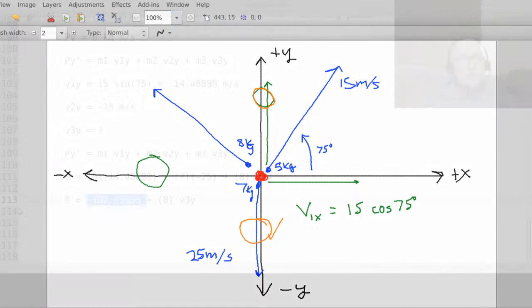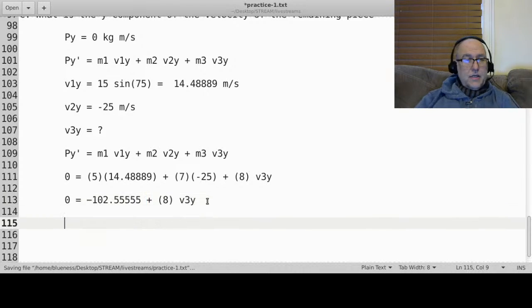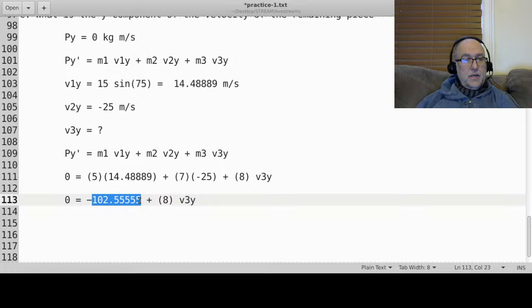That's what's going on right here. That's why you get a negative number right there. So the next thing is when I solve this, of course, that negative has to be balanced by a positive. When I solve this, I'm going to divide by 8 and get this number right here.